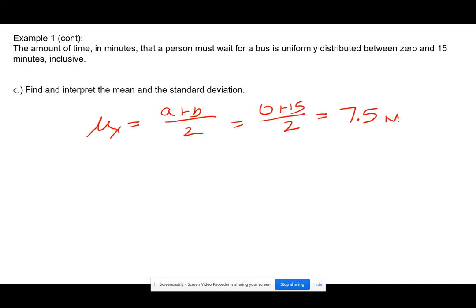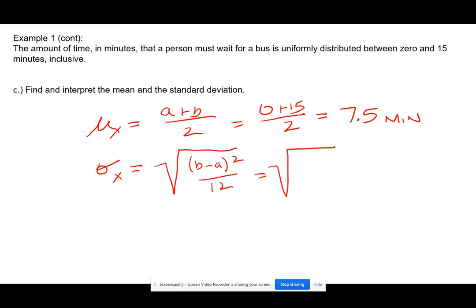And our label here would be minutes. Our standard deviation is going to be equal to the square root of the b minus a squared over 12, which is going to be the square root of 15 minus 0 is 15 squared over 12. And if we put that into the calculator, that's approximately 4.33 minutes.